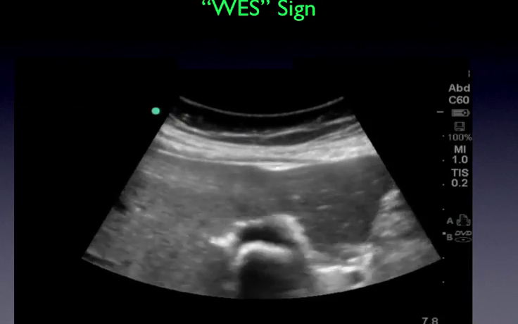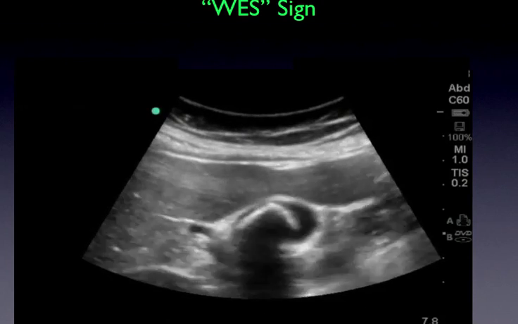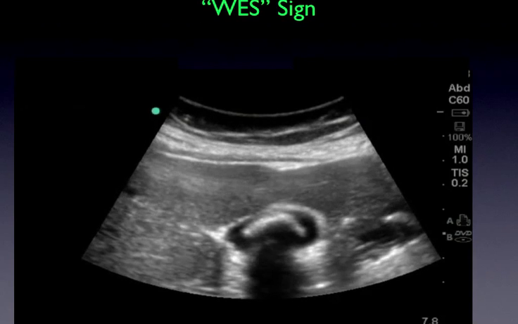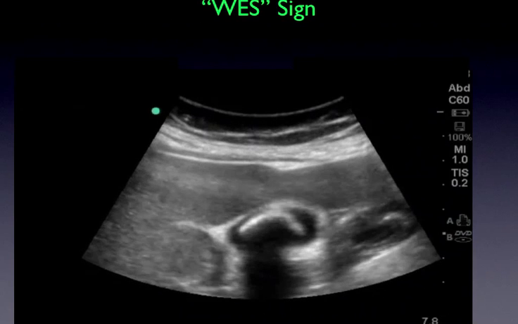All right, here's an important sign to remember, and that's the West sign. So we know that ideally patients should be NPO past midnight for an ultrasound exam. Why? Well, if you eat something, particularly if it's a fatty meal, the bile will be released by the gallbladder. The gallbladder contracts, and you can't see the gallbladder as well.